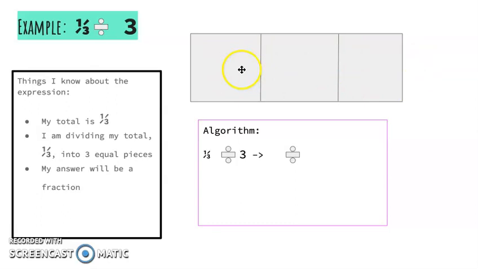Now, what I'm going to do to this 1/3 right here is I'm going to divide it into 3 pieces. So I'm going to move this, see if I can. Alrighty. So I'm going to divide this model into 3.